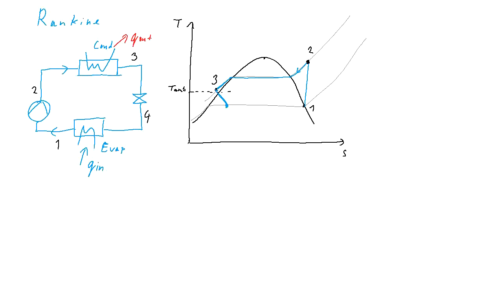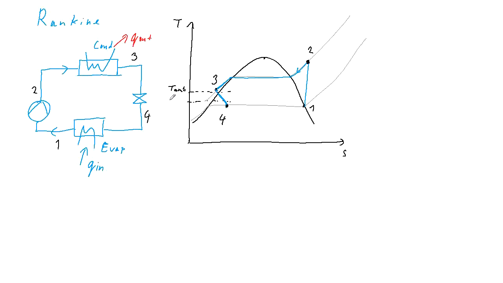So we get into the point 4, which is a mixture of vapor and liquid, rather closer to the liquid side. The temperature 4 needs to be lower than the temperature of the area from which the heat is extracted. So in case of the cooling, it needs to be lower than the temperature in the cooling box.